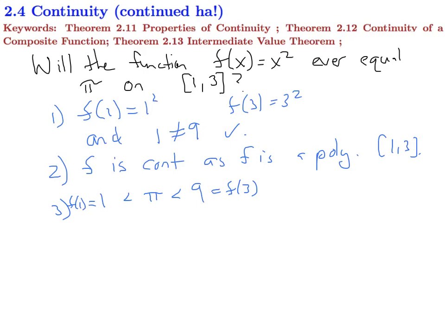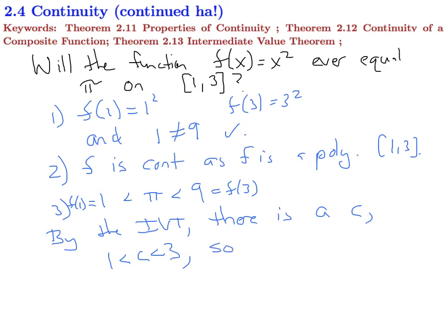So what this means is that by the intermediate value theorem, there is going to be a c with 1 less than c less than 3 that is on our interval, so that if we put this value c into our function, we're going to get out pi. Now I don't know what number this is, but it at least tells me that somewhere in between 1 and 3 I can put a number into my function and I get out pi.